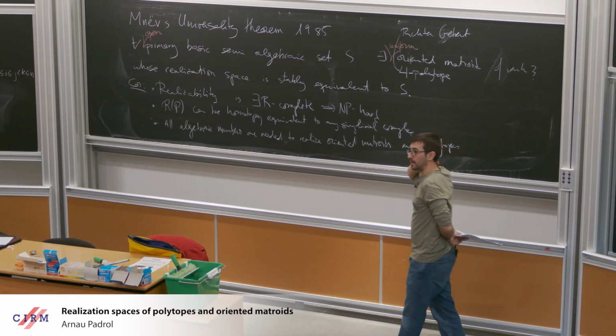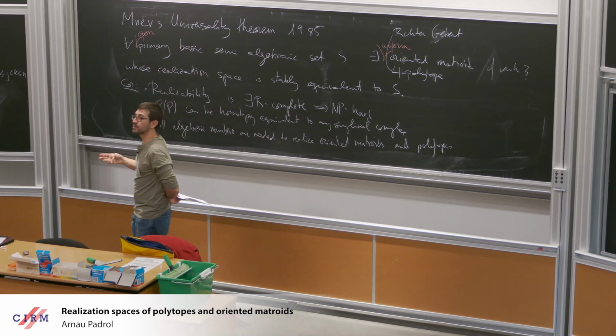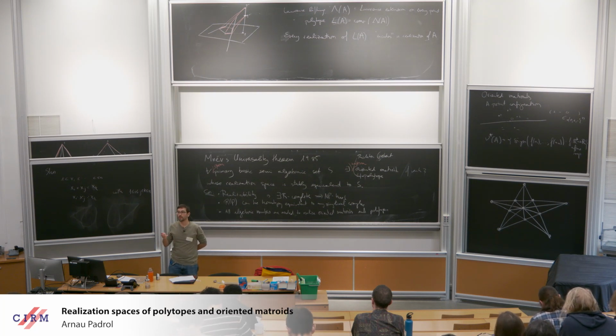Okay, and you could think, what's the equivalent statement for polytopes? The equivalent of being generic would be polytopes being simplicial. So you don't have d plus 1 points in a hyperplane.